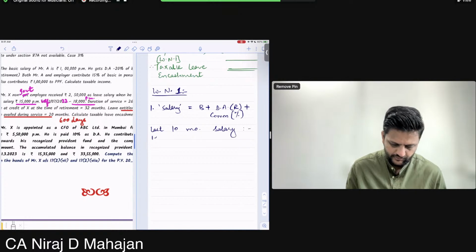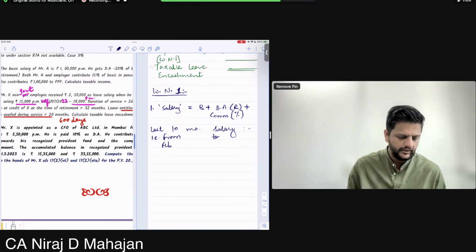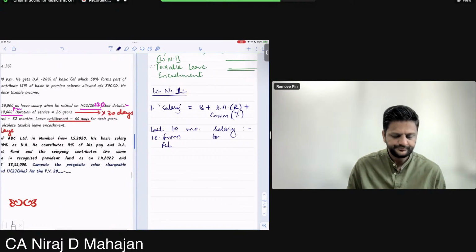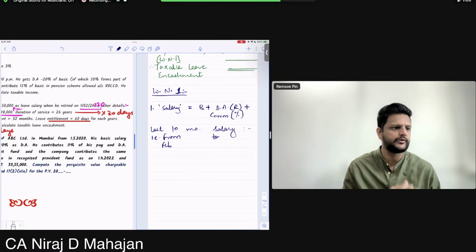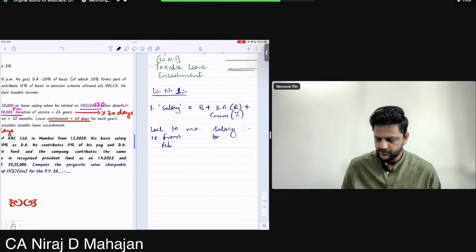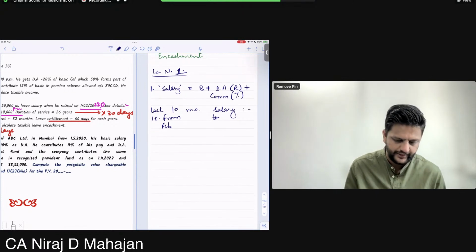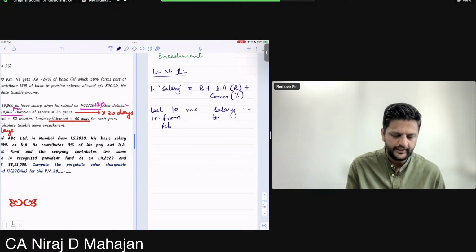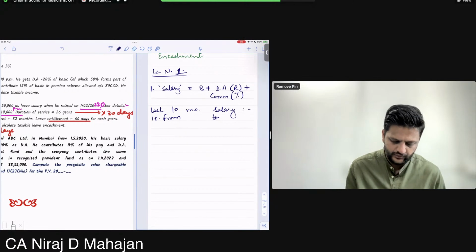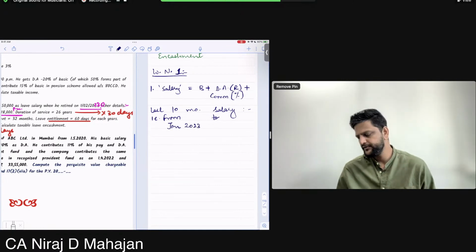That is from which month to at least, but what we know is Feb 23. He retired on 1st February. Correct, Ilya? So I will not take February salary as such. I'll take only Jan, है ना? Correct, no? Jan 23.